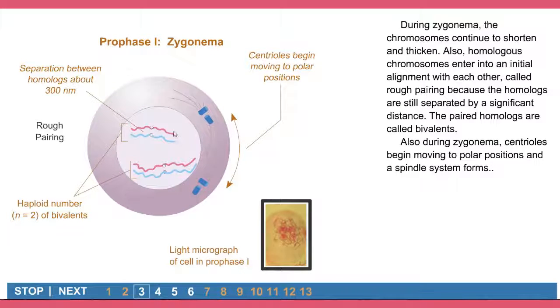At zygonema, you have the rough pairing that we talked about. The separation is only 300 nanometers apart, and they look like bivalent chromosomes because you can't see the sister chromatids yet. And centrioles start to move to the poles of the cell.